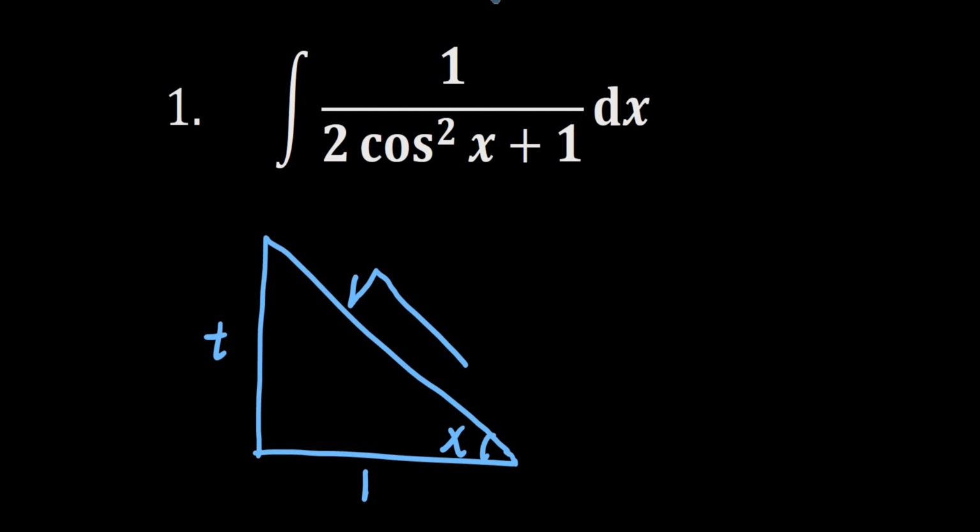From Pythagoras theorem, the hypotenuse will be root of 1 plus T squared.